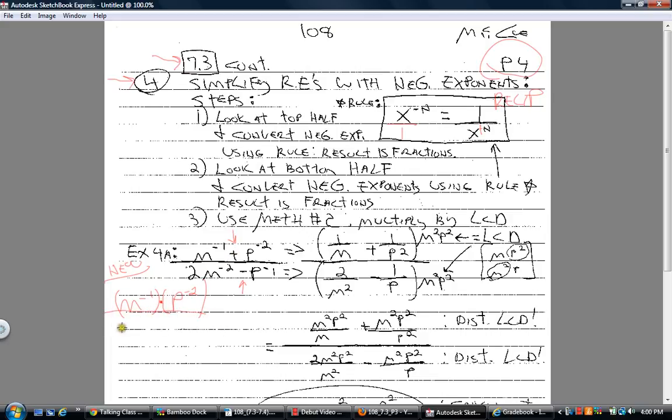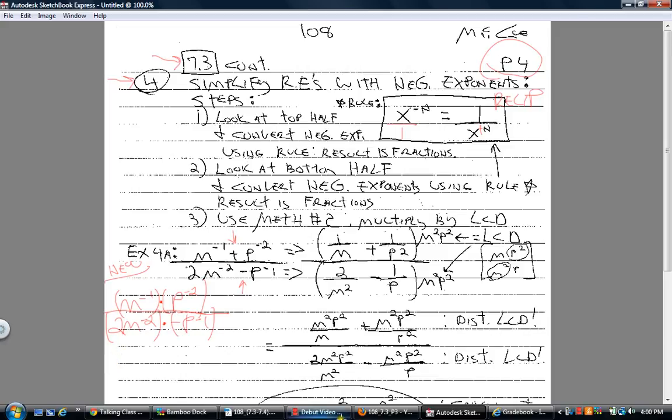I'm putting the parentheses and multiplication in overboard, but this is what you were used to seeing, and then you would convert from negative exponents to the reciprocal with a positive exponent.